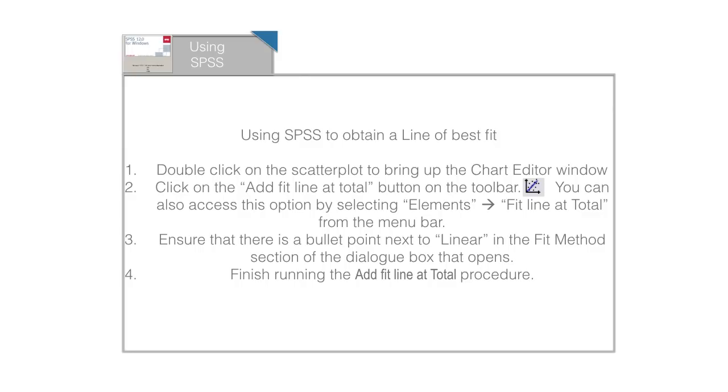You can also access this option by selecting Elements, then Fit Line at Total from the menu bar. Ensure that there is a bullet point next to Linear in the Fit Method section of the dialog box that opens to give you a linear fit, and then finish running to generate the line.